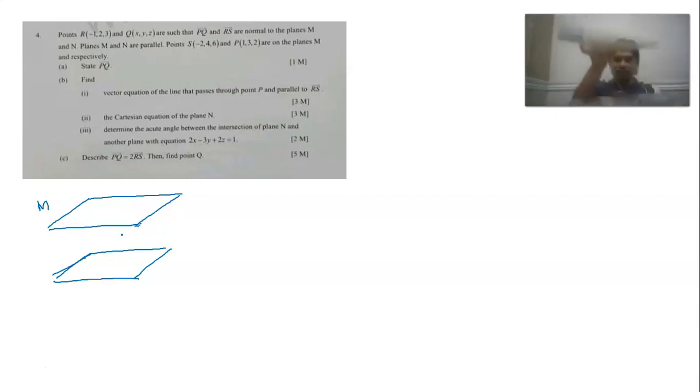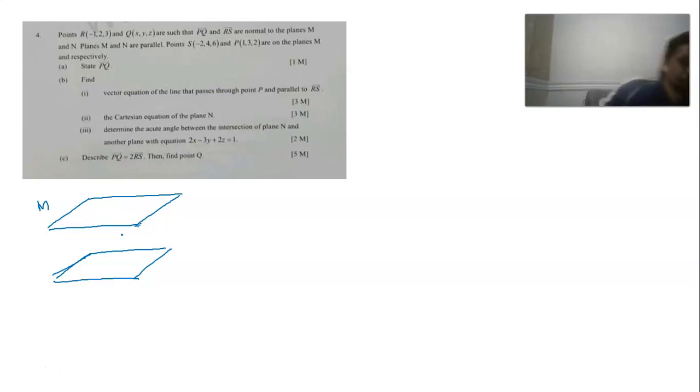You can see that they are parallel. If this were perpendicular, it would form a 90 degree angle between plane 1 and plane 2, but since they are parallel, it is something like this.